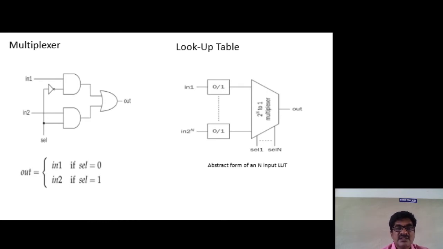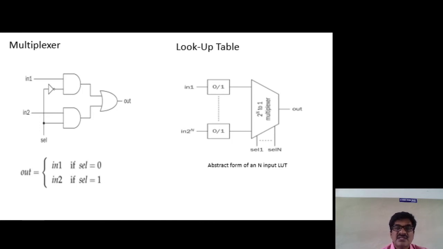That means at the input it has 2 power n combinations, at the output only one output, and such a multiplexer has n select lines.